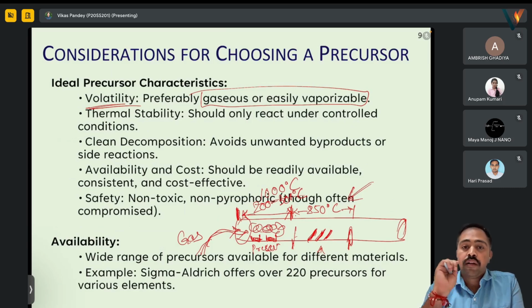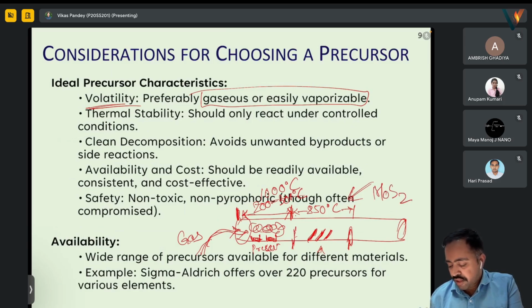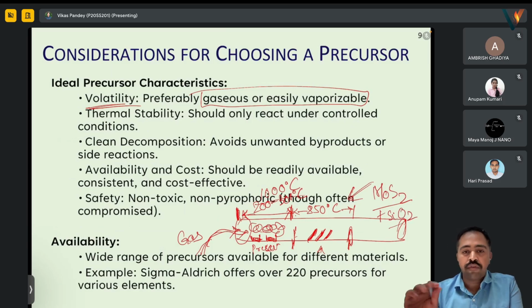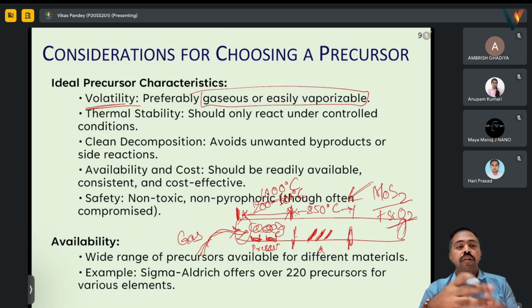Then we don't want any unwanted byproducts or side reactions, because suppose that we want to deposit MoS2, and along with that, it is also creating SiO2. So it will not serve our purpose.